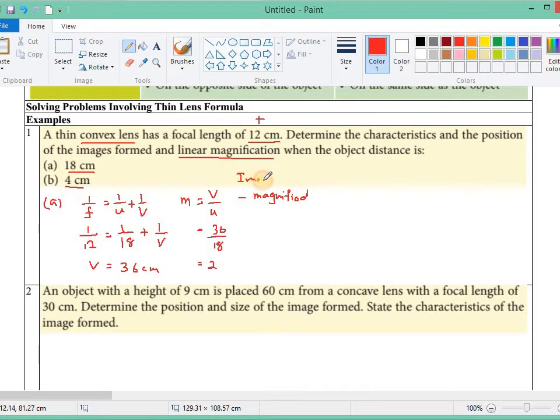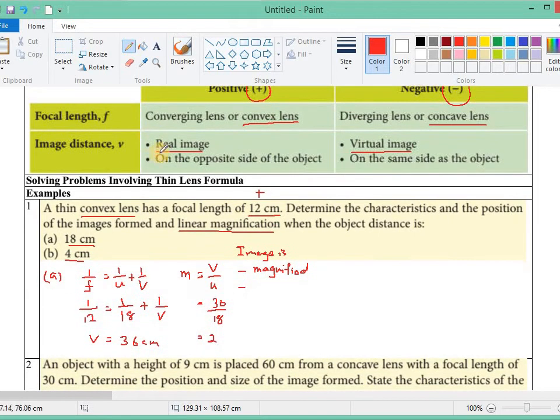Second, you see the image distance is positive. If the image distance is positive, this means that the image is a real image.